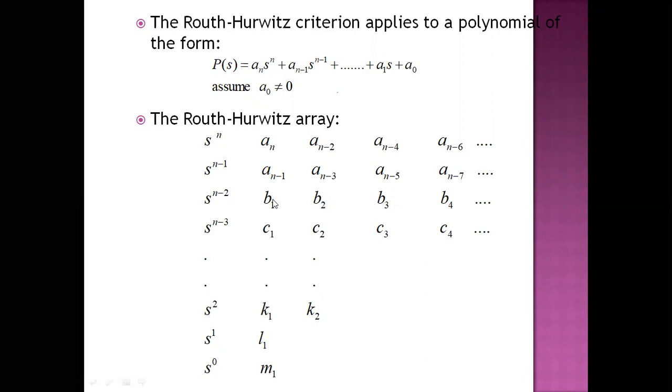In order to find B1, you take the first and second column elements from the first two rows: an minus 1, an minus 2, an minus 3.